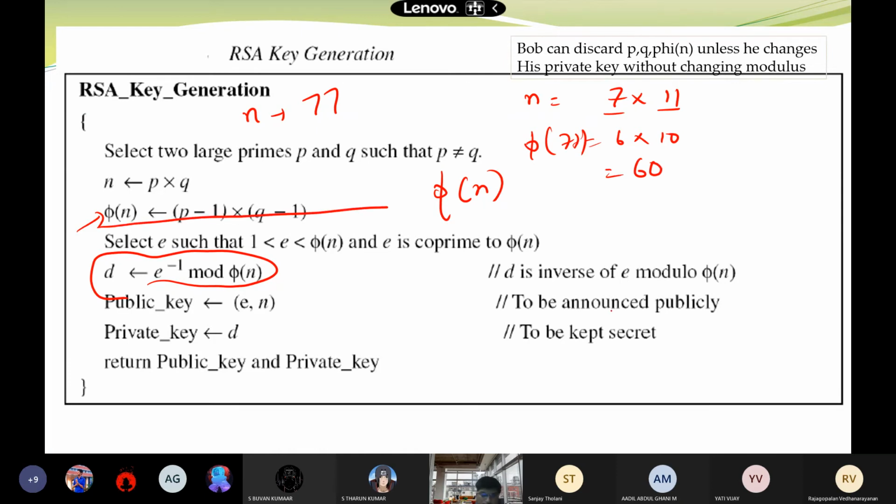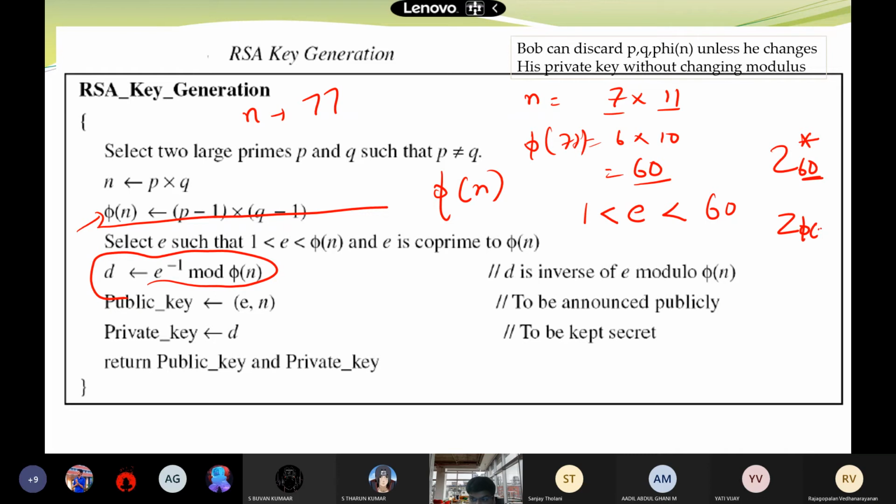Next comes the step where you have to choose a value which is going to be your E value, such that E is greater than 1 and less than 60. Also, it's part of that set, right? It is part of the set Z60 star.